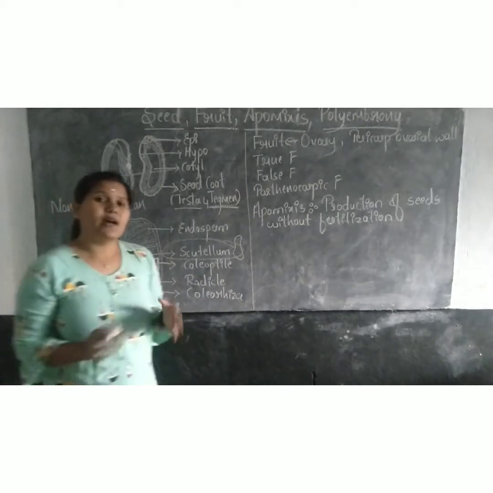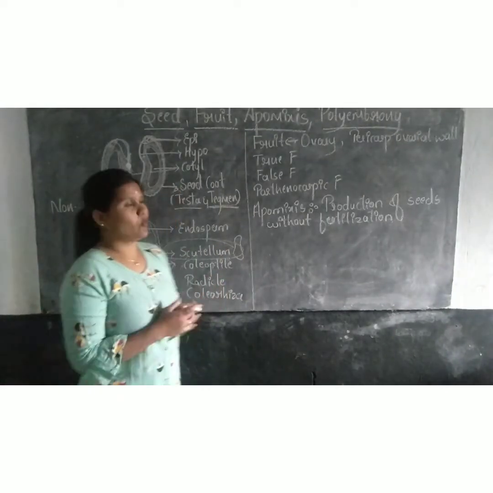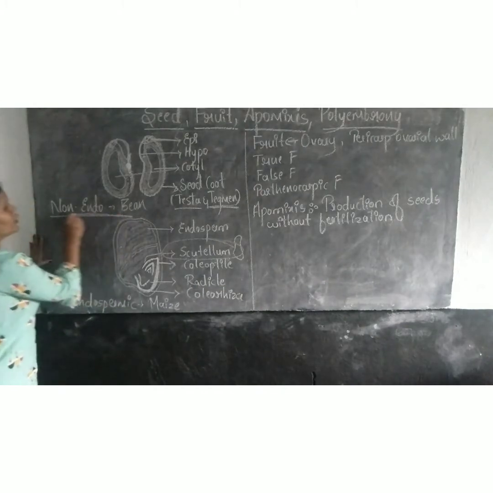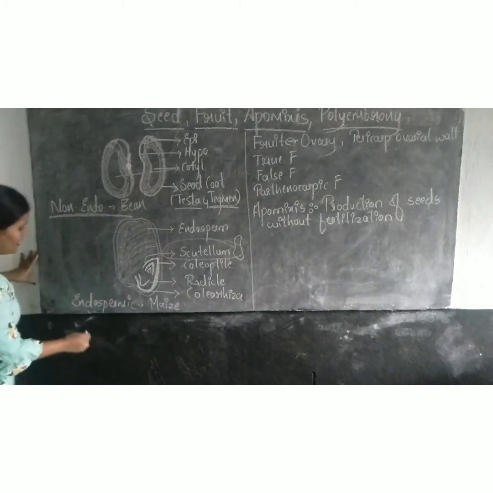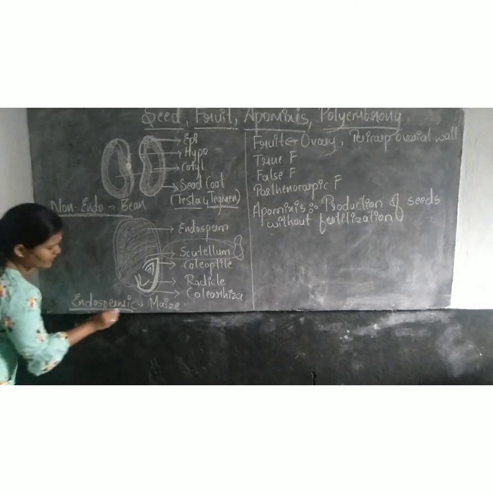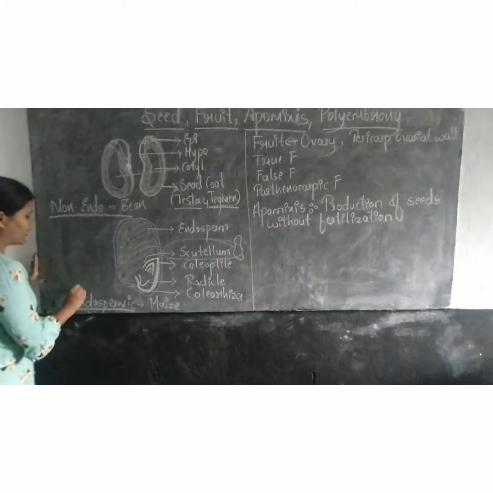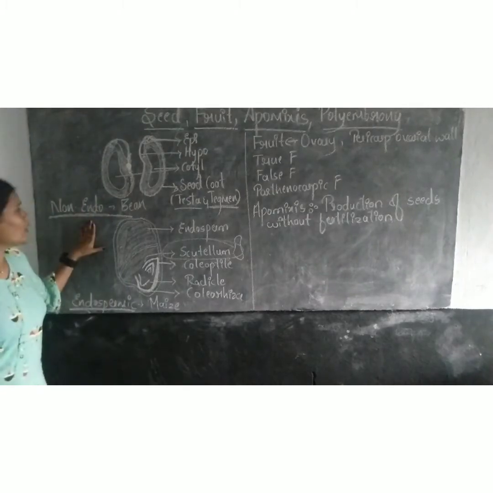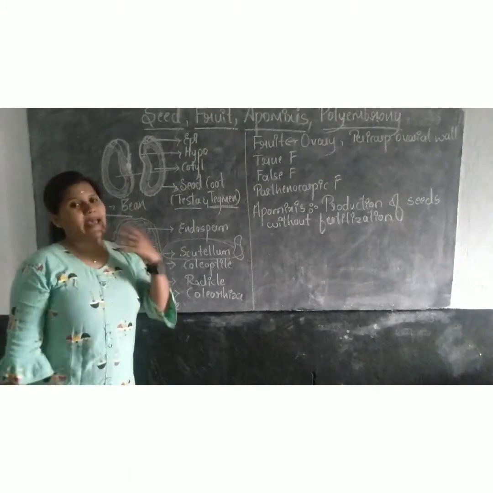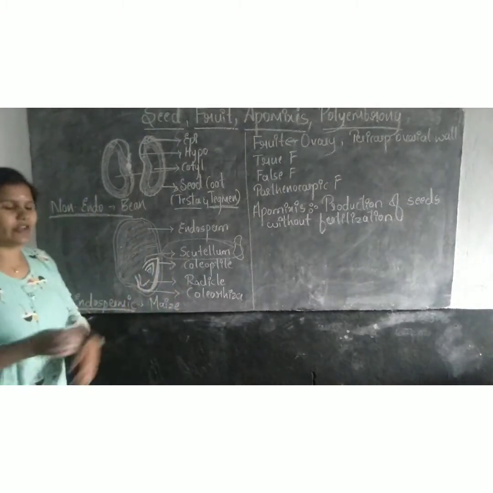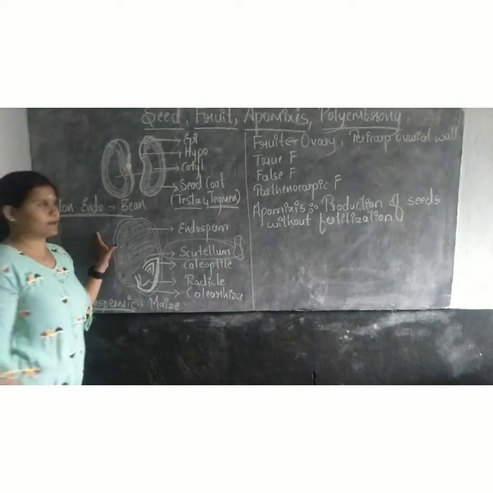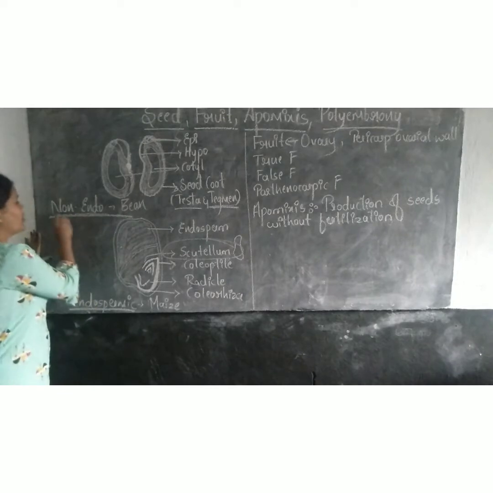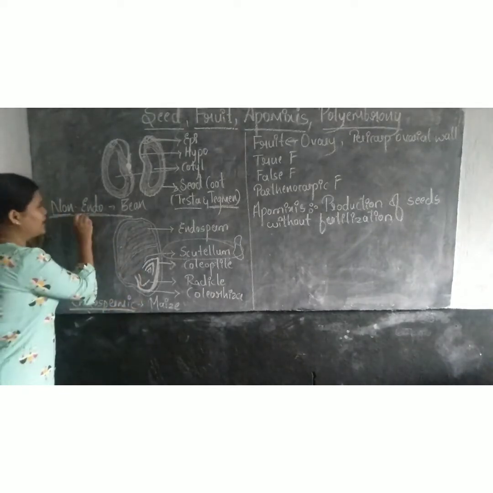Well, there are two types of seeds. Let's go through them. One is the non-endospermic seed and the other is the endospermic seed. We can also call the endospermic seed albuminous and the non-endospermic seed exalbuminous. What is the difference? The word itself says it: non-endospermic means there is no endosperm.